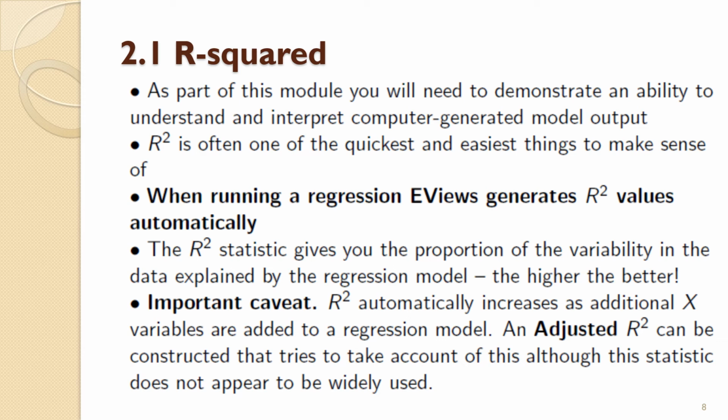So there is a potential pitfall here. As a countermeasure to that, an adjusted R squared statistic can be constructed that takes into account the fact that the R squared automatically increases as you add additional x variables, but for whatever reason this statistic, even if it is a slightly clever idea, isn't widely used.